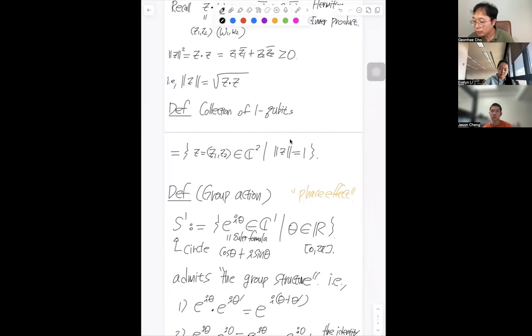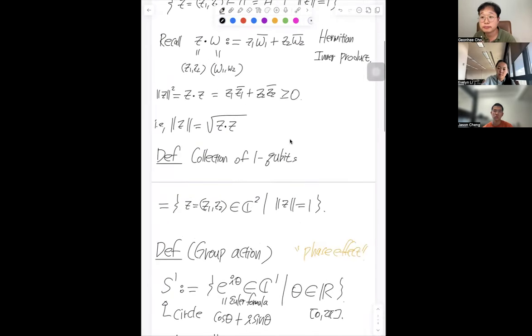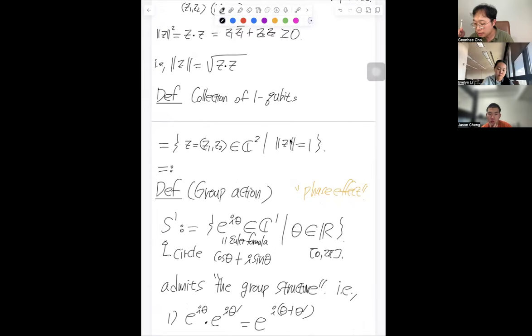So now let's go back to the definition of the one qubit. I want you to imagine this notation. Why do we denote this circle just as S1? Because this is a sort of one-dimensional sphere.